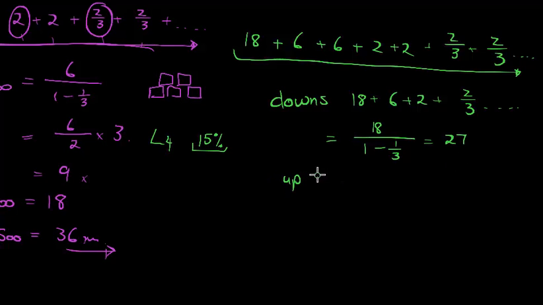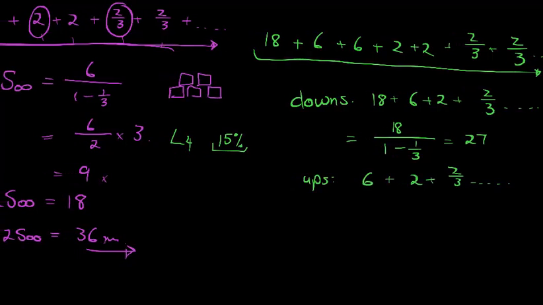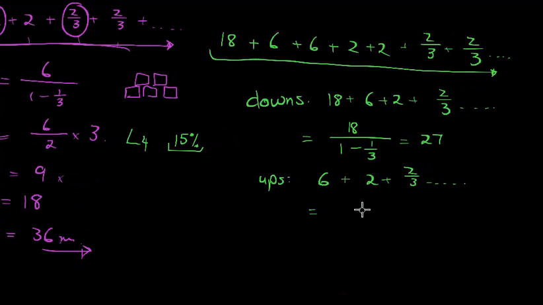Now the ups, all the upward distances, were 6 plus 2 plus 2 over 3, etc. That is equal to 6 over 1 minus a third, which is equal to 9. And so now when I add these up, I get 36. That makes sense, doesn't it? Okay, so they're distinct.